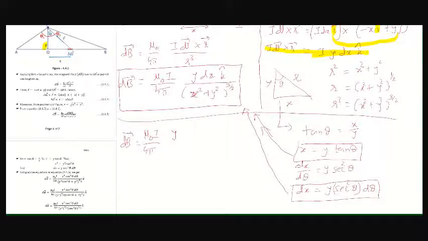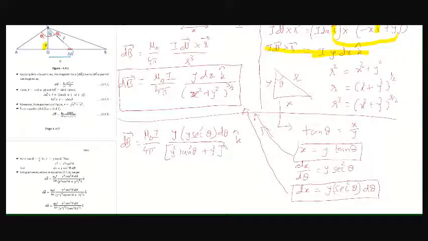And instead of dx, now I'll take y sec square theta d theta upon, instead of x, y square tan square theta plus y square raised to 3 by 2, and all these things are in positive x direction, so k cap.